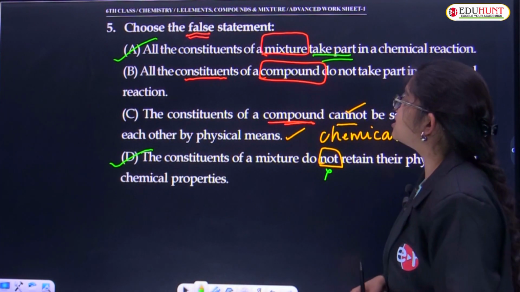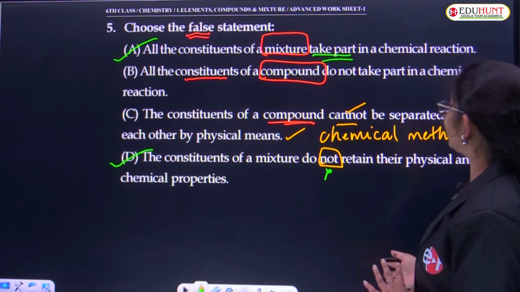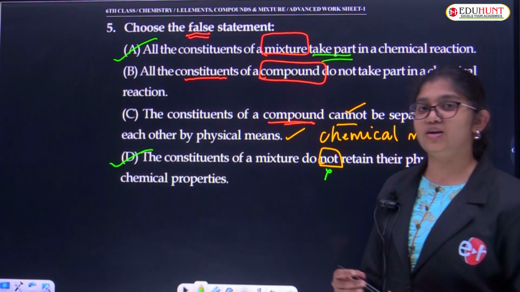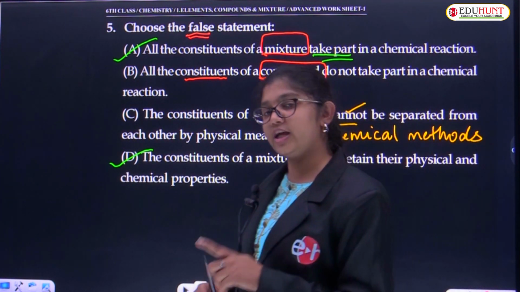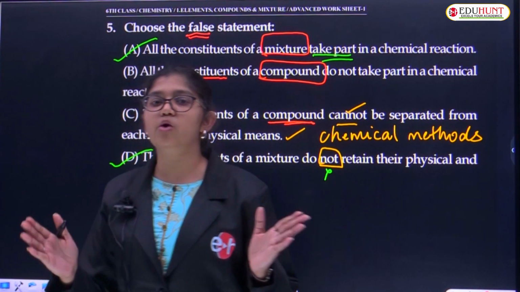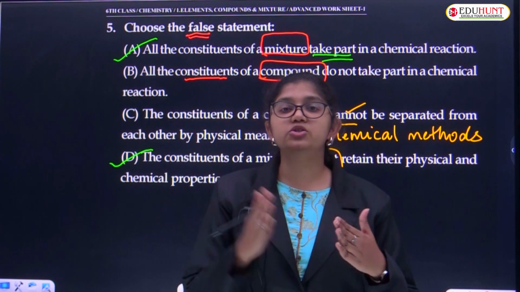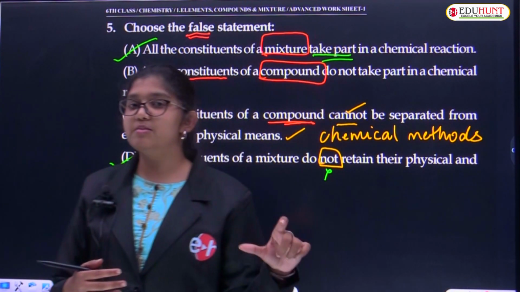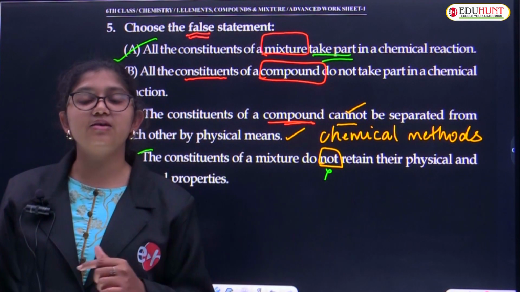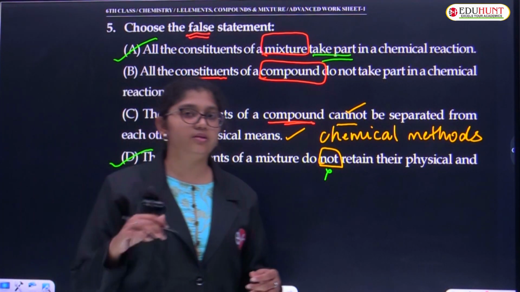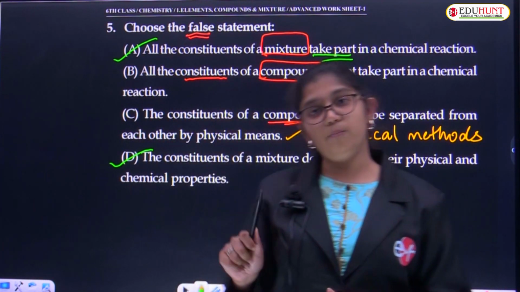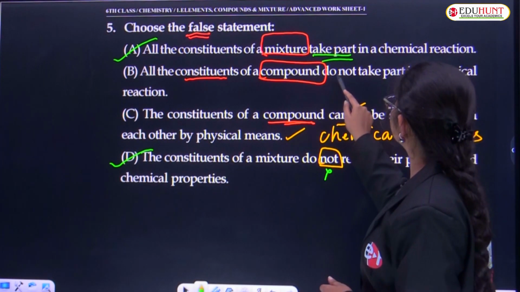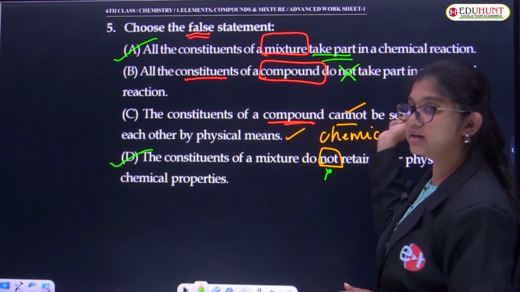B. All the constituents of a compound do not take part in a chemical reaction. What is this? Compounds, they do take part in chemical reaction, because a compound is formed from element and element with a chemical bond. The chemical compounds are formed only with chemical reactions. There should be some chemical methods going on behind. So, compounds do take part in chemical reaction.